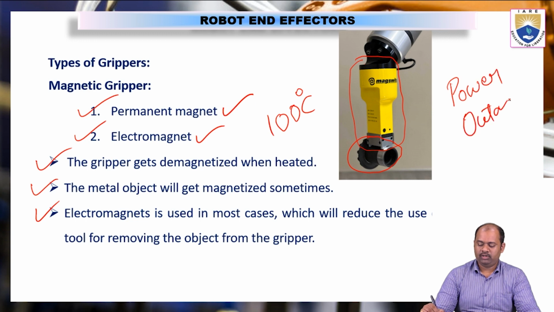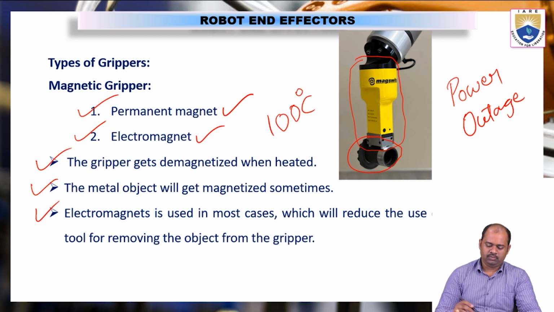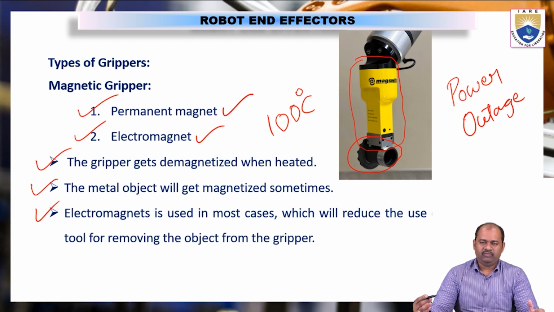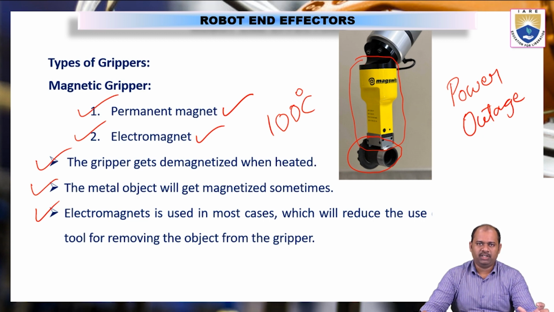Whenever there is a power outage in the industry, maybe for a small fraction of time, the electromagnets will instantly lose their magnetism while the object is in process. Suppose I am using a robot for a pick and place operation, with a magnetic gripper which can hold a load of about 50 kilograms.